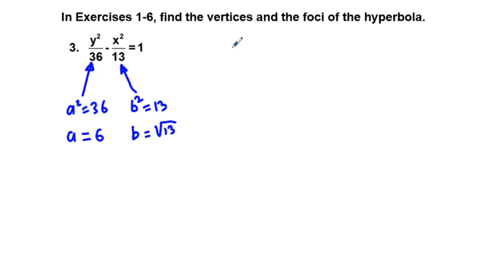And then to take care of our foci, we have c squared is equal to a squared plus b squared. And so we have c squared is equal to a squared, which is 36, and b squared is 13, and 36 plus 13 is 49.